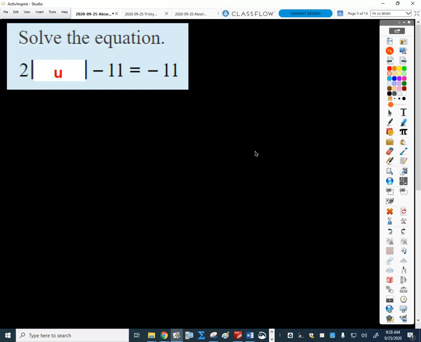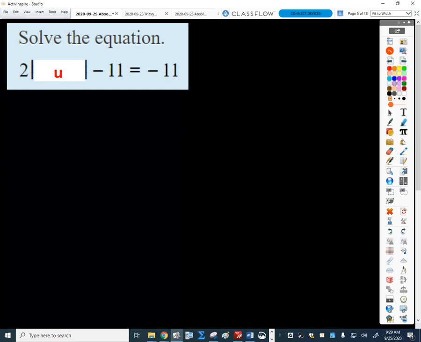This U is here just to remind us that we can't do anything inside the absolute values. We've got these absolute values that are off limits. So what are we going to do here if I've got an absolute value equation? Ellie, what's the first thing I'm going to do? Perfect, because you're isolating the absolute value. Good job. And in answer to your question, you are in. All right, thank you.